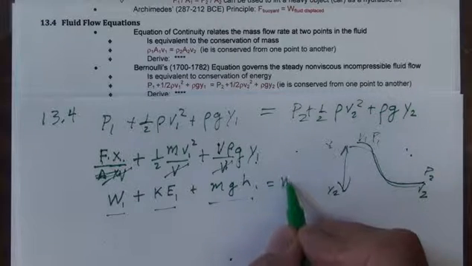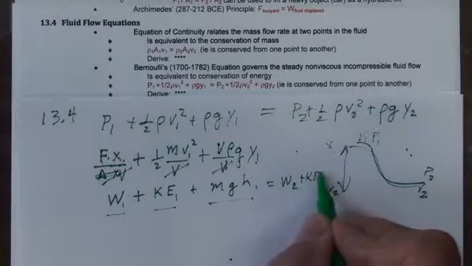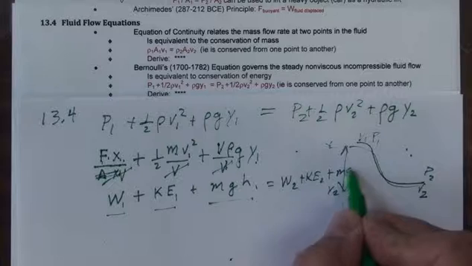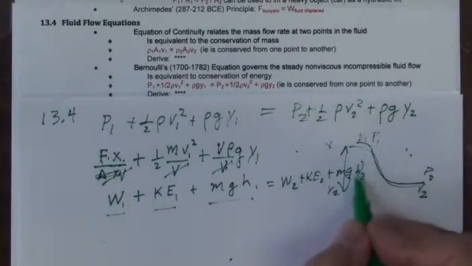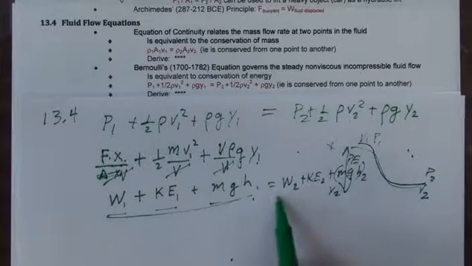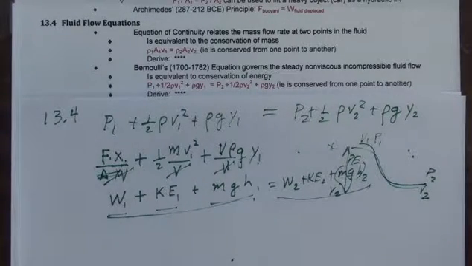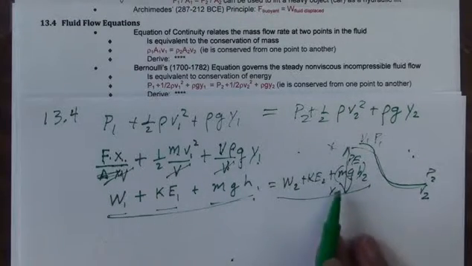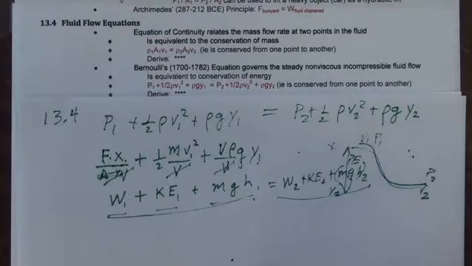So this is going to be equal to the work 2 plus kinetic energy 2 plus mgh 2, or equivalently potential energy 2. So we have the total energy at point 1 is equal to the total energy at point 2, and therefore this Bernoulli's equation is the equation that relates to the conservation of energy.